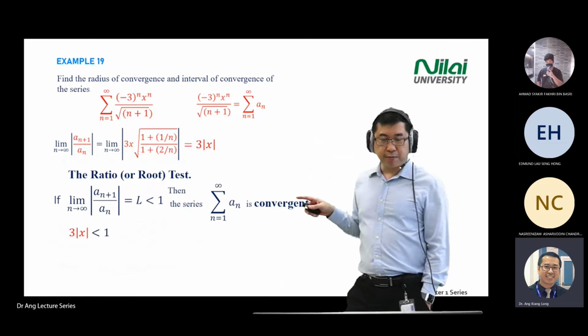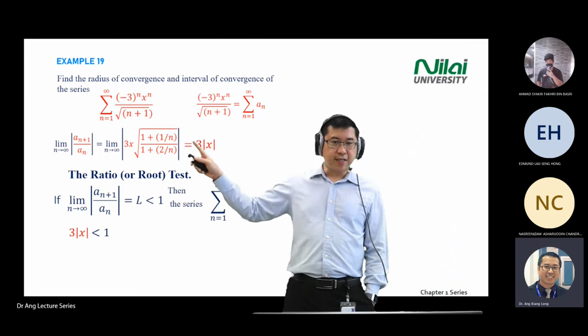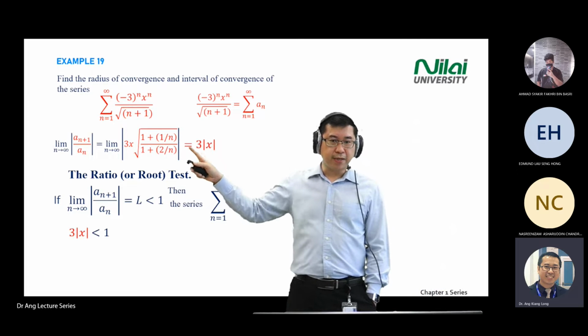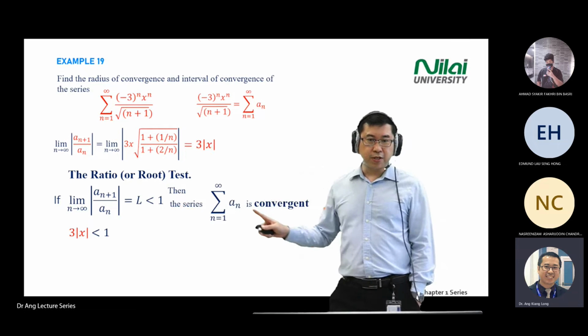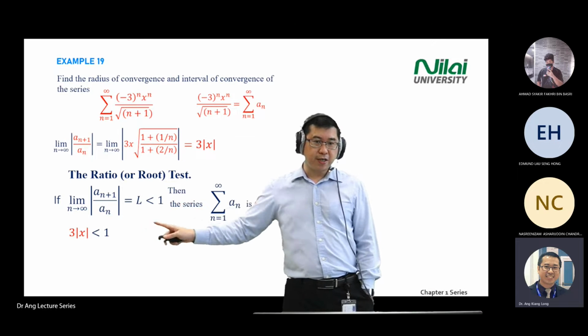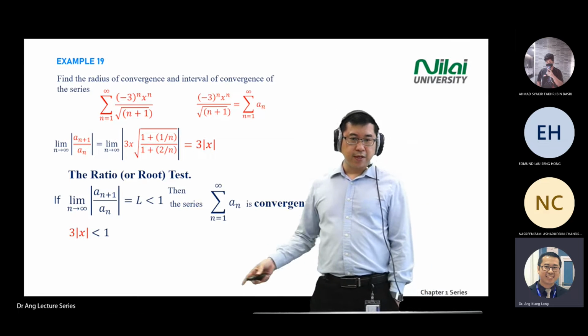This is the step you just copy from the PowerPoint slides. You know that at the end, this number, 3 goalpost x, must be less than 1 to get convergence. So you combine this information and this information, you get this one, so that your series is convergent.